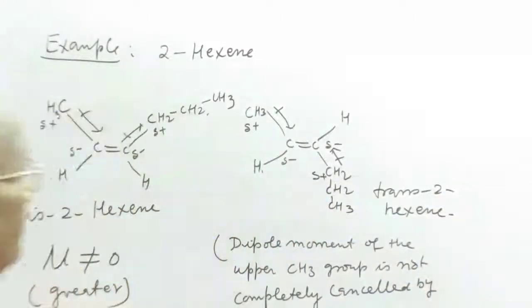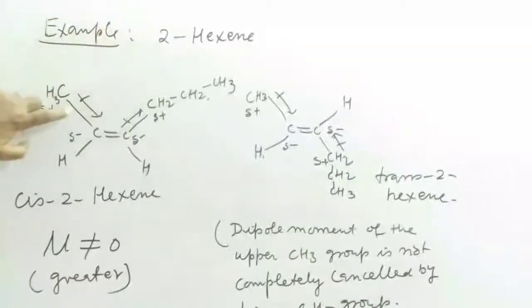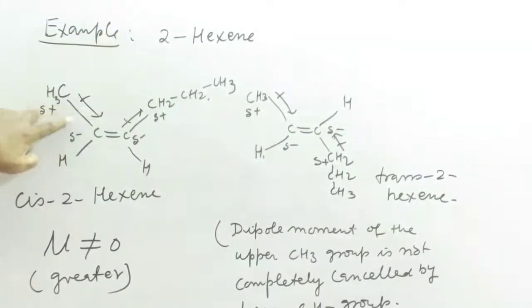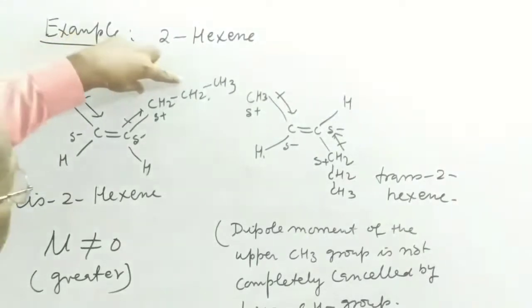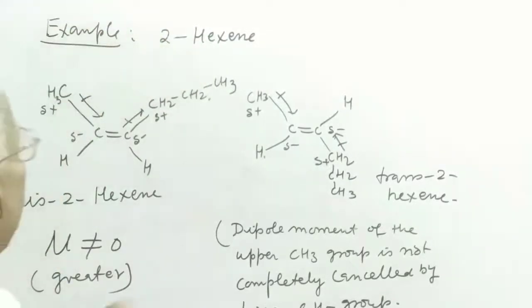Similar to this situation, in this case cis-2-hexene has higher value of dipole moment, because the dipole moment created by the CH3 group and that created by the propyl group are working in the same direction.